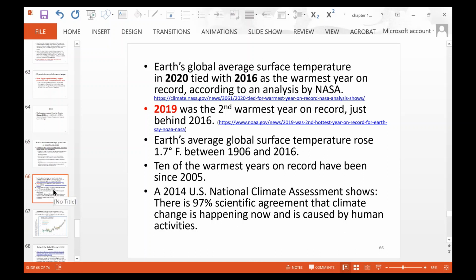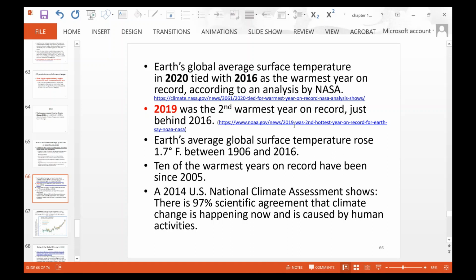And Earth's global average surface temperature in 2020 tied with 2016 as the warmest year on record. And that is according to NASA. And 2019 is the second warmest year on record, just behind 2016.